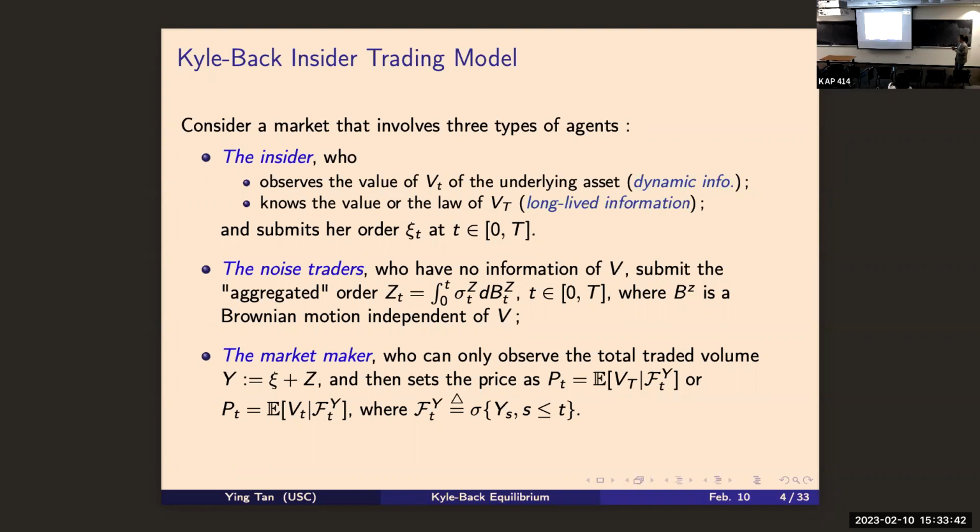If we denote the total trade volume by Y, then Y is the sum of C and Z. Then the market maker will set the price as the conditional expectation of V_T, or V_t, given F^Y_t, where F^Y is the sigma field generated by the process Y.